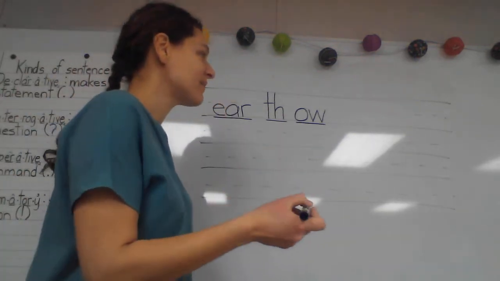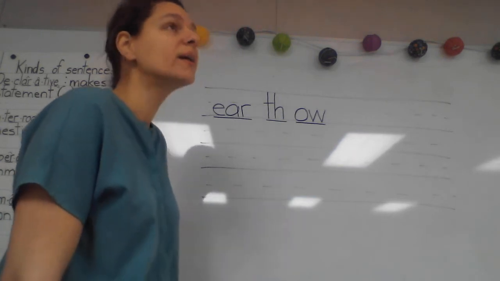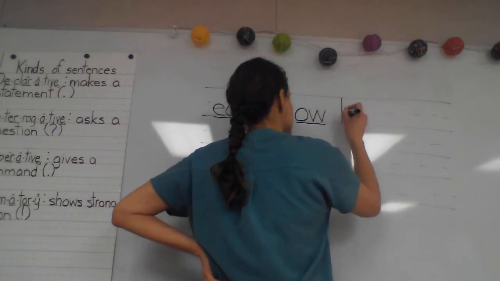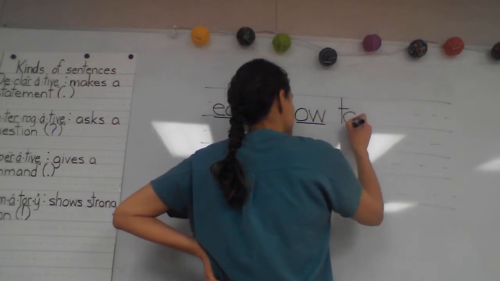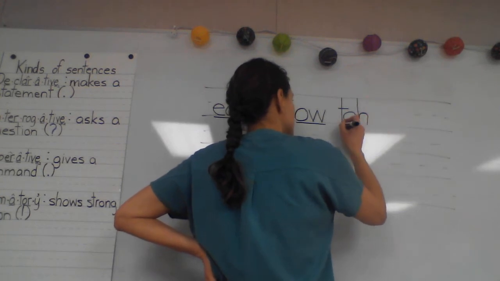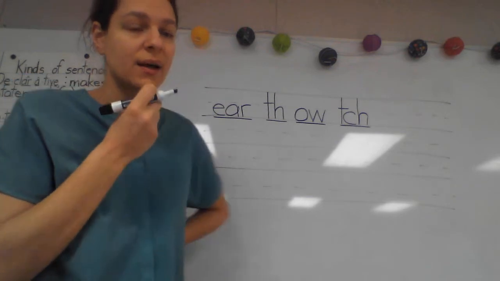Class, put your finger under that phonogram. What is it? Good, ch, 3-letter ch, used after a single vowel that says a, or a. This is our ch, 3-letter ch.